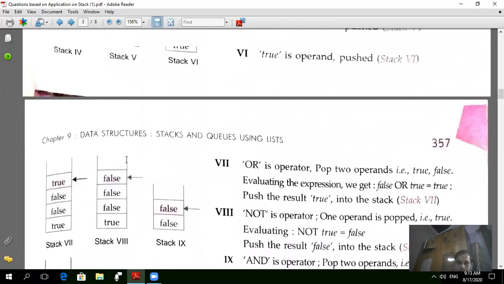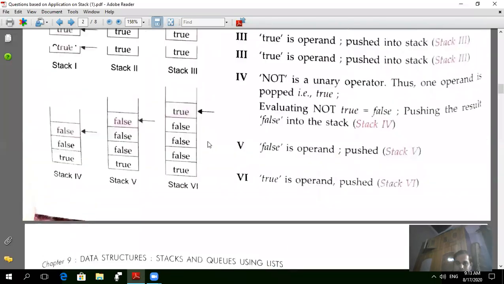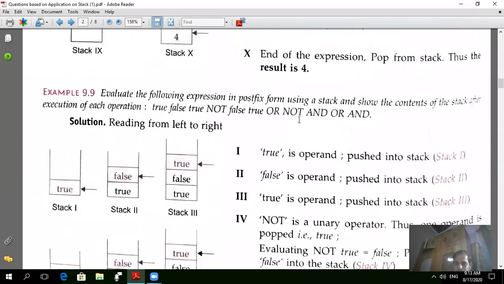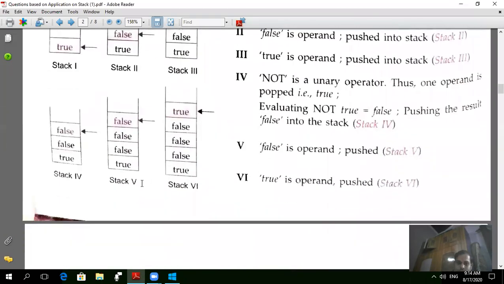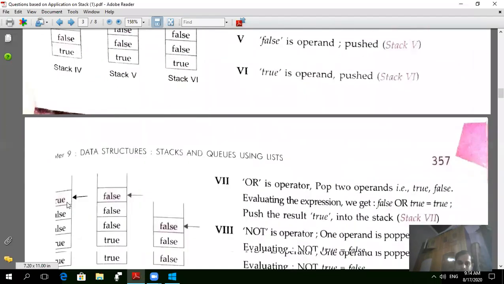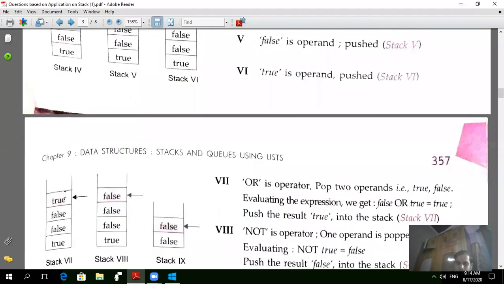Clear? Then after that, not is given. So not true, because the last value of the stack is true. And then we get the not operator. So not true means false. So instead of this true we write false. Now false is the topmost element in the stack.